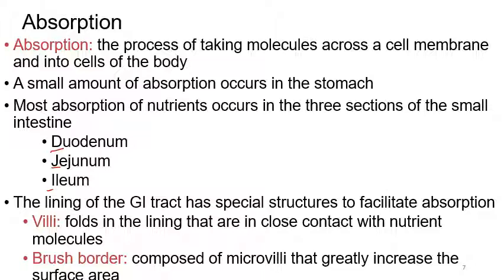The lining of the GI tract, the gastrointestinal tract, has special structures to facilitate absorption. So remember, I spoke about the villi and the microvilli. The villi are folds in the lining that are in close contact with nutrient molecules. And the microvilli form these brush borders that greatly increase the surface area.